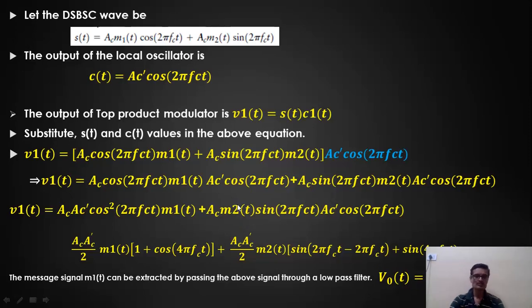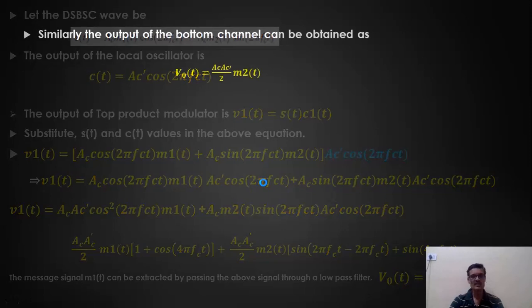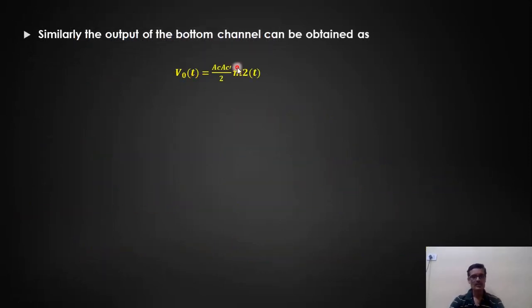Now in the same fashion, when I apply the same S of t to the bottom channel, that is the quadrature channel, and multiply with Ac dash sin 2 pi fct, what I will get is the message signal. You can verify this by using simple trigonometric rules.